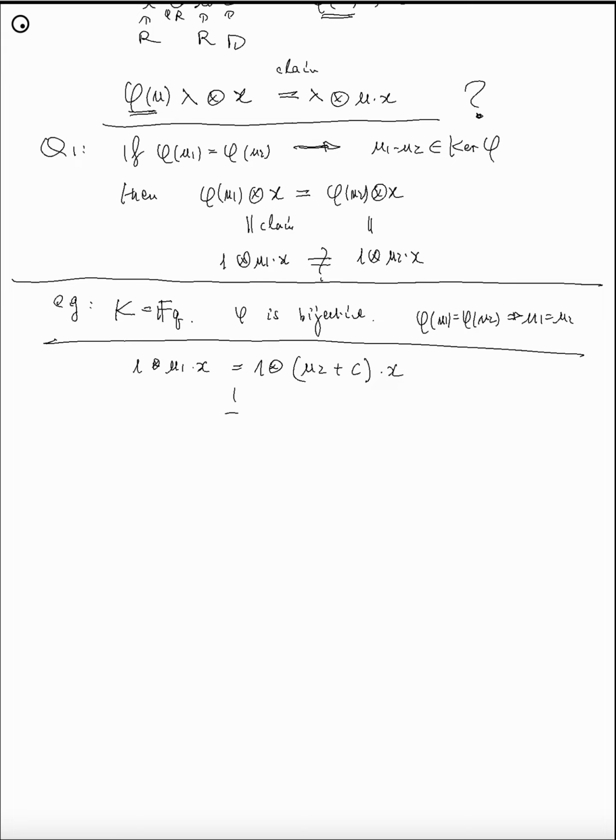So this is just one tensor mu2 x plus one tensor C of x. But C is in the kernel of Frobenius, but it's still inside R.